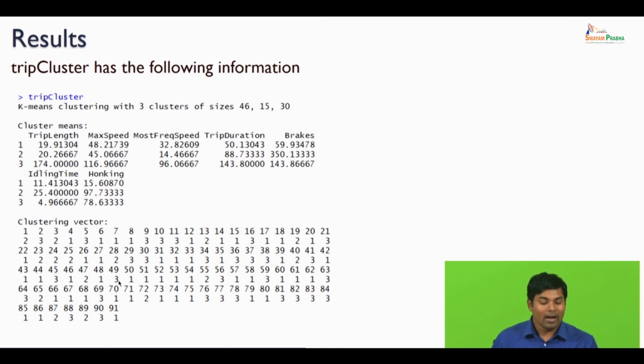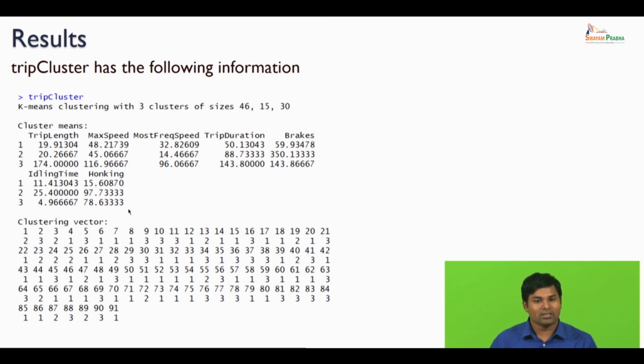It identifies each row with one of these clusters, and as you know, k-means is a hard clustering algorithm. That means each point has to be allotted to one of the clusters and no two clusters contain the same data point; you cannot have a single data point belonging to two clusters.